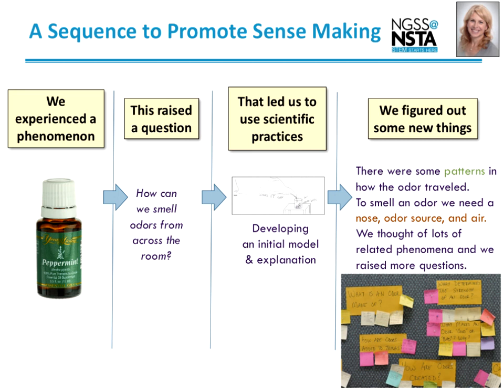And then in the course of doing that, and through collective conversation, science talk, for example, we may see some patterns in how the odor travels. And that to smell an odor, we need the nose, odor, an odor source, and air. And we also might think of lots of other related phenomena, and really important for motivating the learning in the next step, we raise more questions.